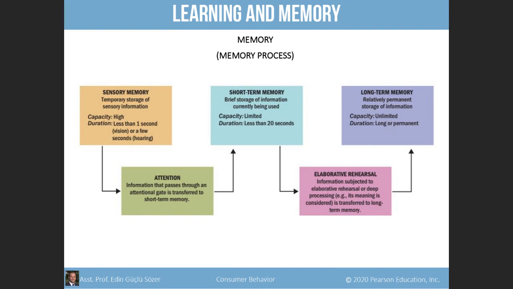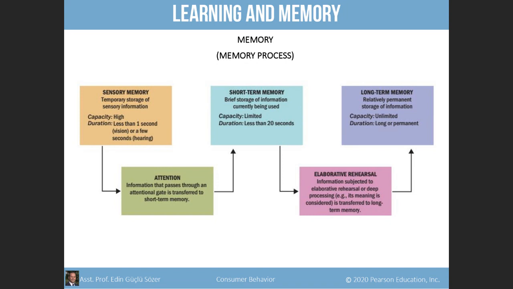If we process further, or if this sensory information attracts our attention and, let's say, breaks our threshold, if it passes through our attention gate, then it goes to the short-term memory.